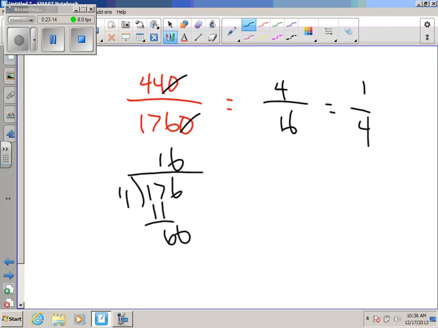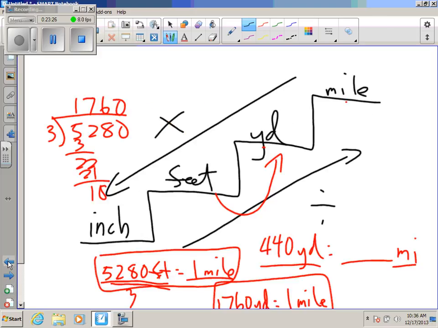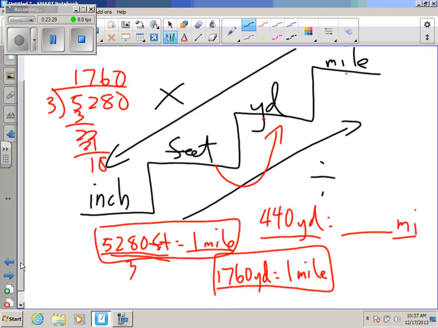What's an 11 right here? 16. Can you what? Yeah. You got what?